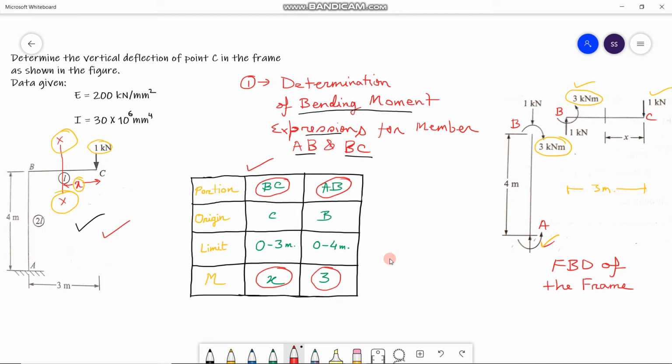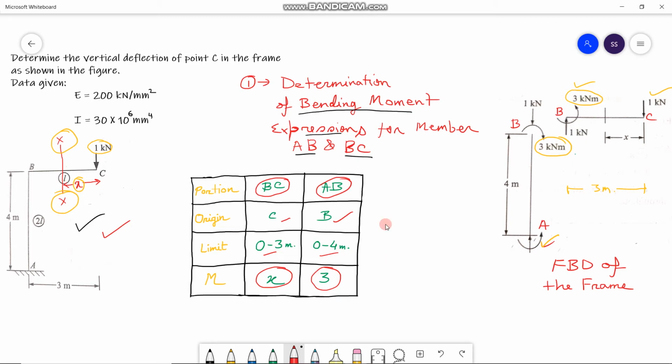The limit for the integration process that we are going to do in the next step is 0 to 3 for the BC portion, and 0 to 4 for the member AB, whereas the origin for the BC portion is C, and the origin for the integration process for the member AB is B.